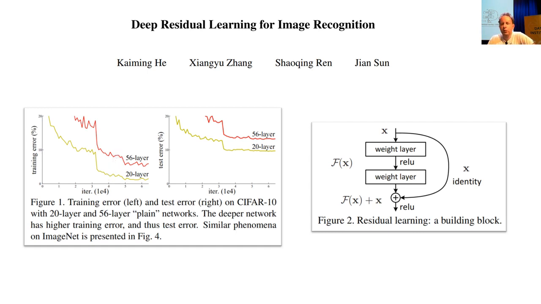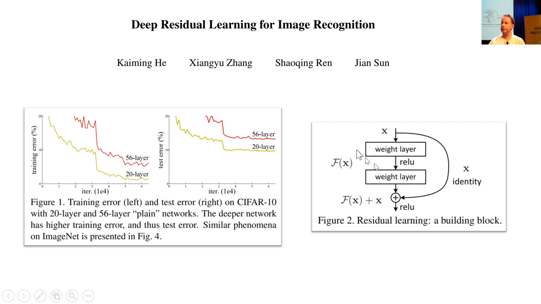When you see something weird happen, really good researchers don't go, oh no, it's not working. They go, that's interesting. So Kaiming He said, that's interesting. What's going on? And he said, I don't know, but what I do know is this. I could take this 56-layer network and make a new version of it which is identical, but has to be at least as good as the 20-layer network. And here's how.